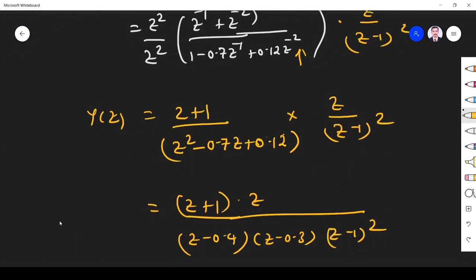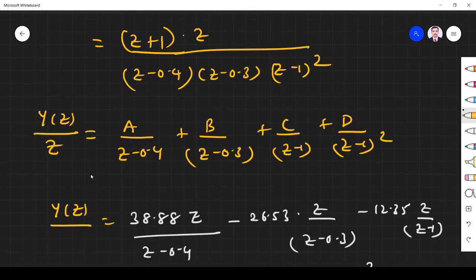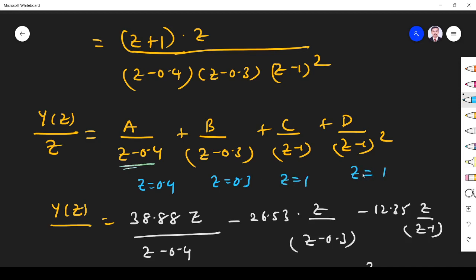I simplified that and got these equations. You don't need to mind the A, B, C, D values. Where is the pole here? For this, the pole is z equal to 0.4. Here the pole is z equal to 0.3. Here the pole is z equal to 1. Here the pole is z equal to 1. So 2 poles.